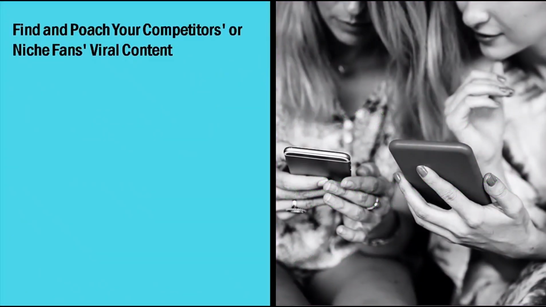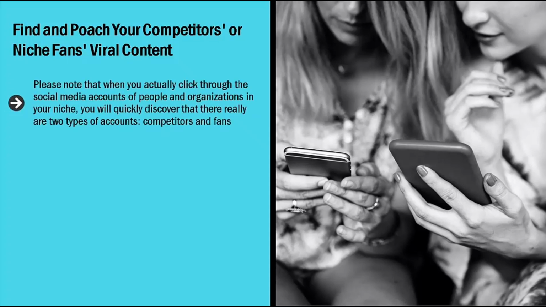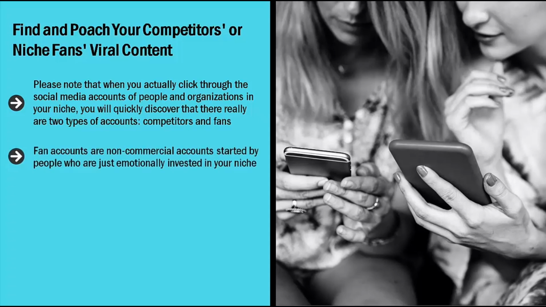Find and poach your competitors' or niche fans' viral content. Please note that when you actually click through the social media accounts of people and organizations in your niche, you will quickly discover that there really are 2 types of accounts, competitors and fans. I'm not even going to describe competitors because this is self-explanatory. Fan accounts are non-commercial accounts started by people who are just emotionally invested in your niche.